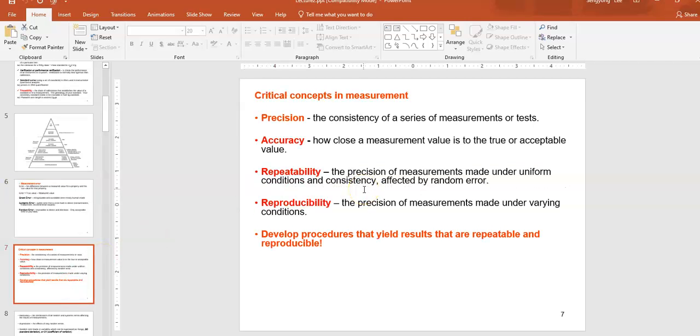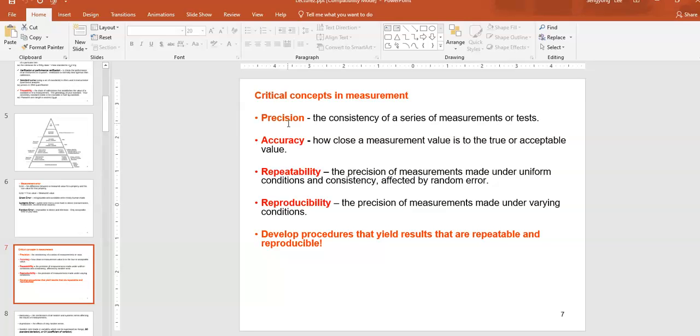And then critical concepts in measurement. When you measure something, your measurement should be very precise as well as very accurate. What does that mean? What's the difference between precision and accuracy? So precision means the consistency of your measurement. So if you are measuring one compound about 10 times, do you get the same value over and over? The truth of the matter is that's not the case.